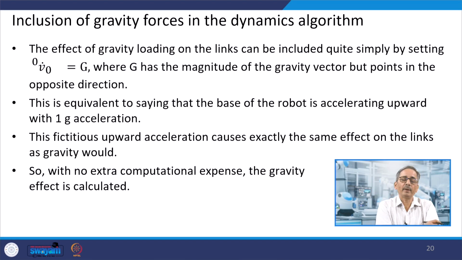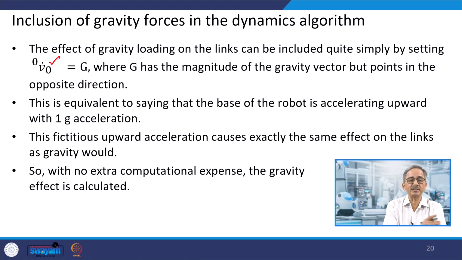So, if in this equation I have to include the gravity also, how do we do that? To do that we can assume the base, that is the 0th frame, to have an acceleration g, that will give the magnitude of the gravity vector, but it points in the opposite direction.